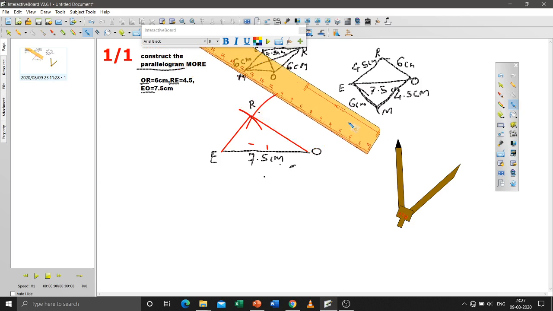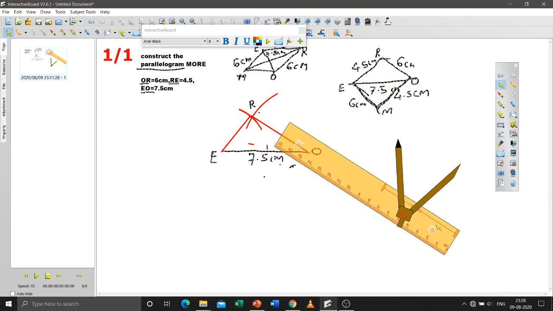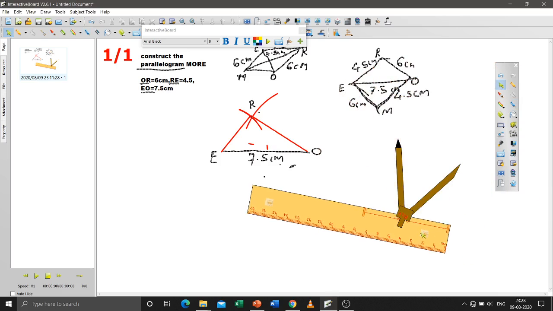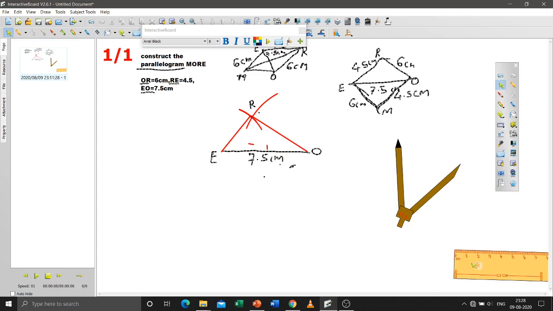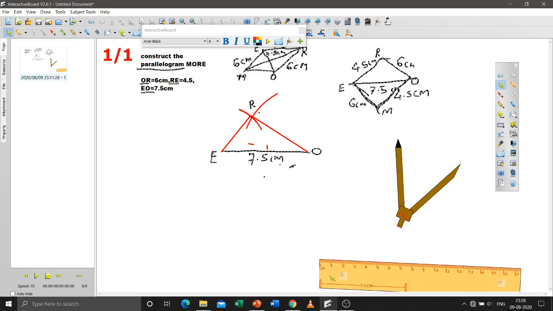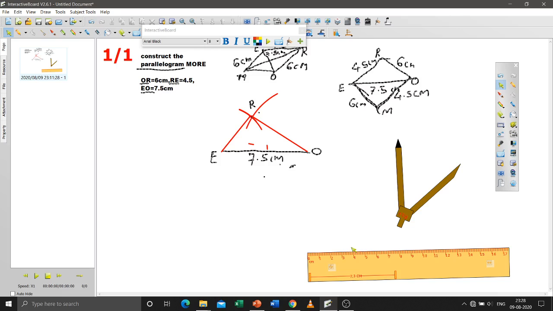Again, by taking E as a center, we'll adjust the opening of the compass for 6 centimeters.